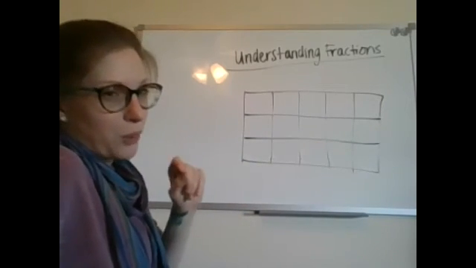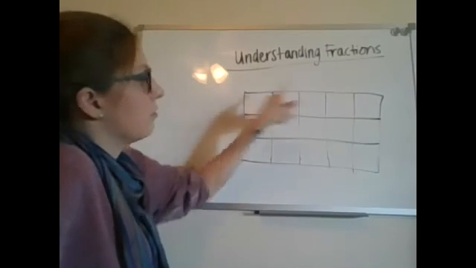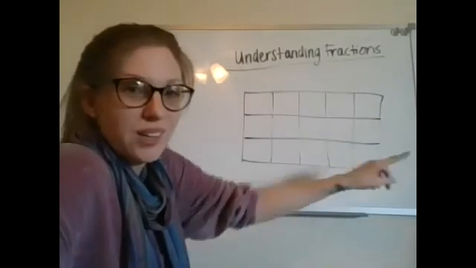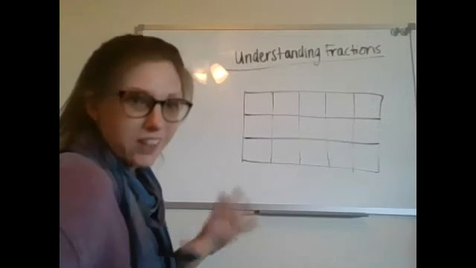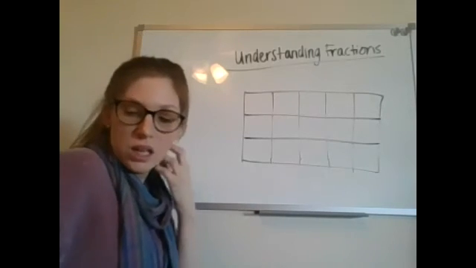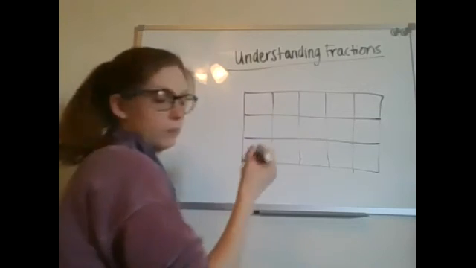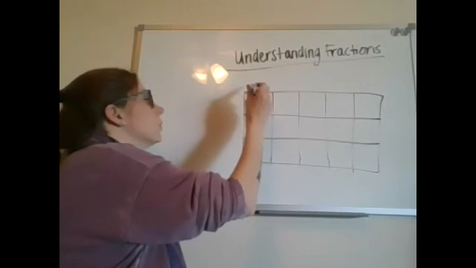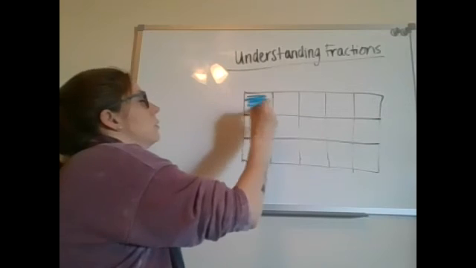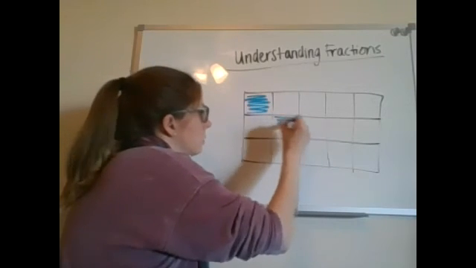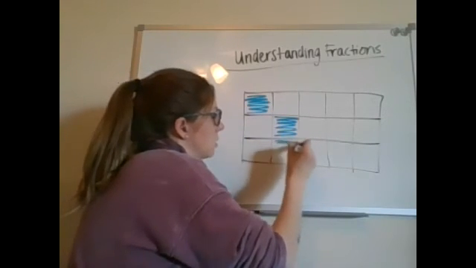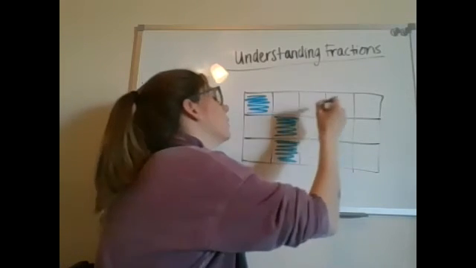If you use your memory on finding area, you could have done 5 times 3 to get 15. That's all right. Take baby steps. Now I'm going to shade in some pieces. Shade in this one, this one, this one.